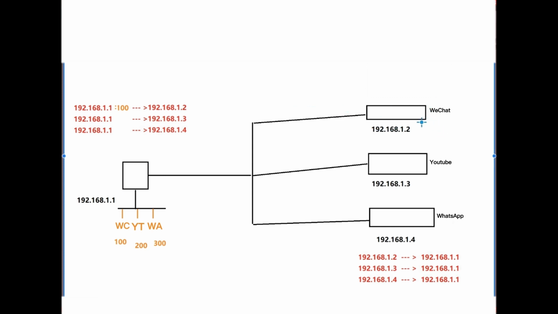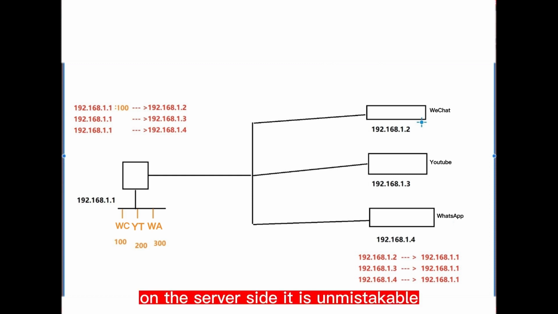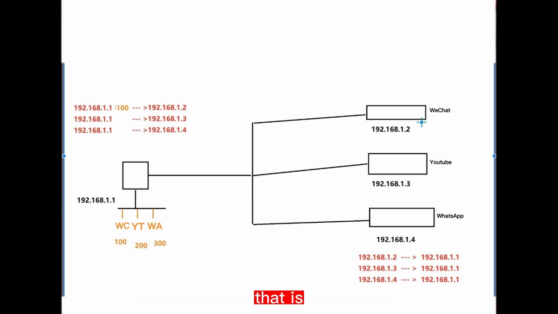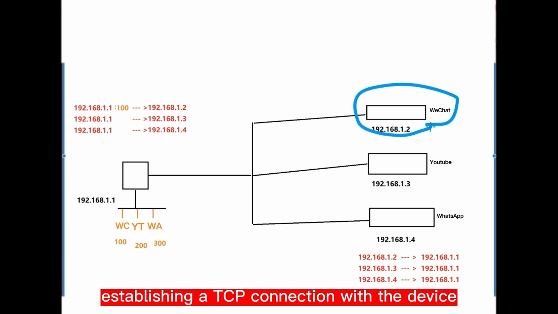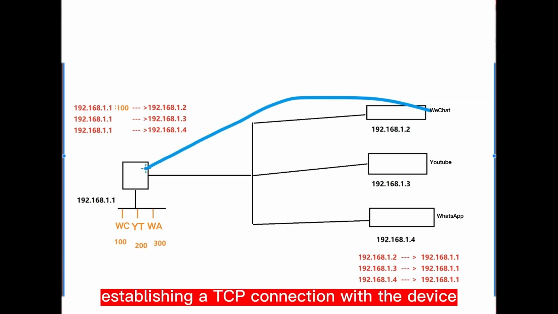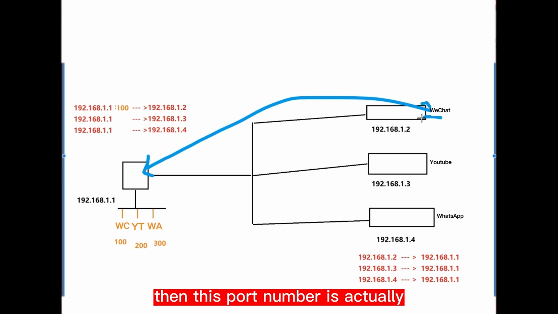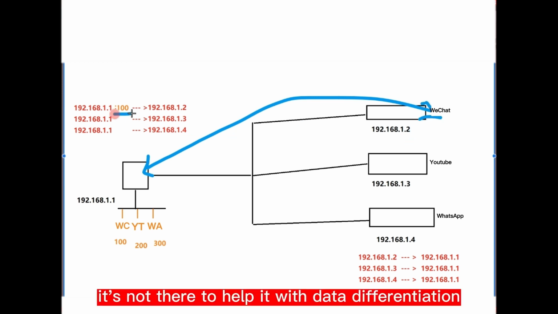That is, establish a TCP connection. On the server side it is unmistakable. That is, WeChat is now establishing a TCP connection with the device. Then this port number is actually not there to help it with data differentiation.